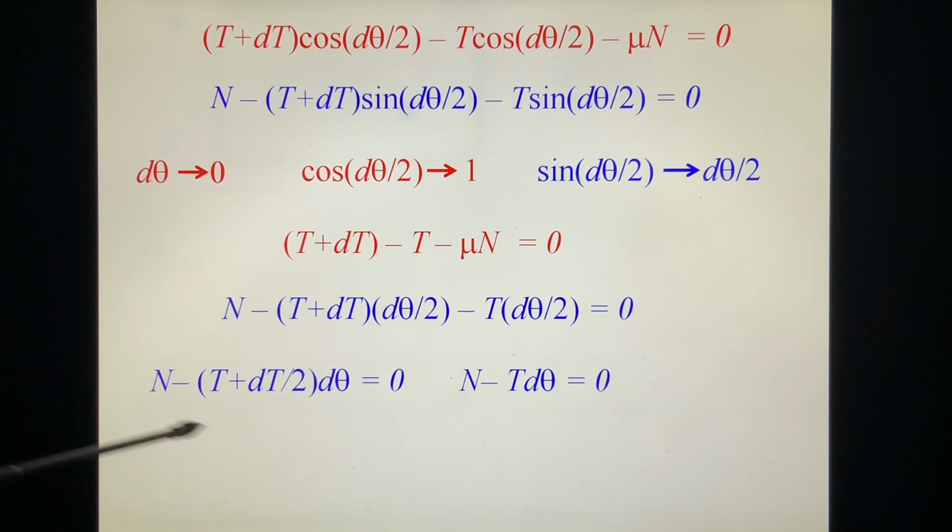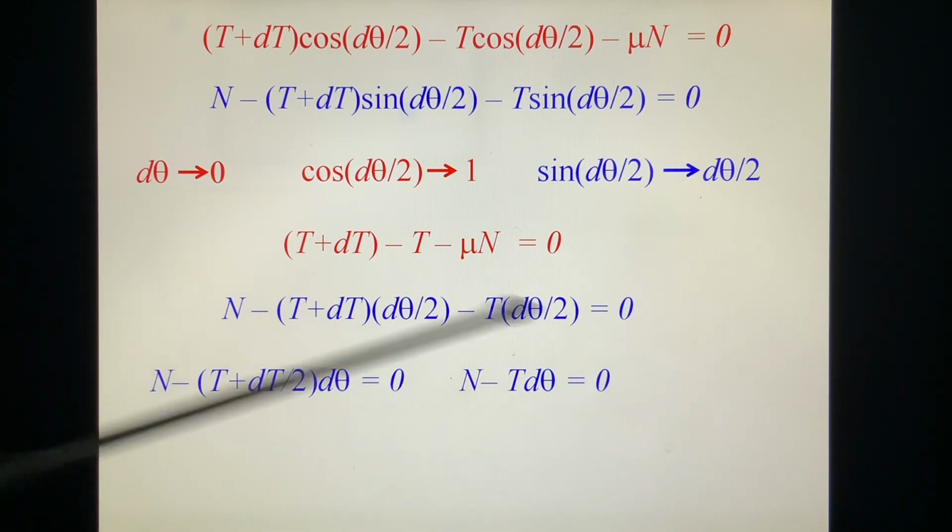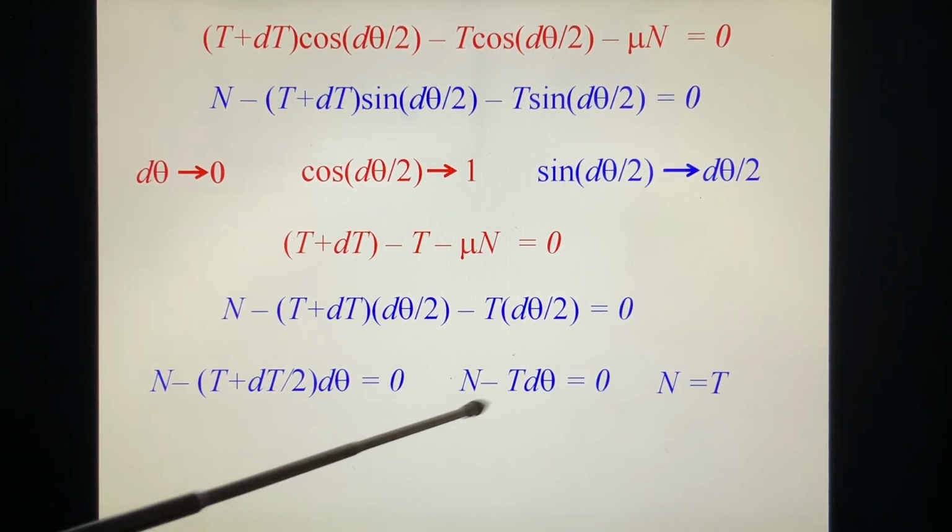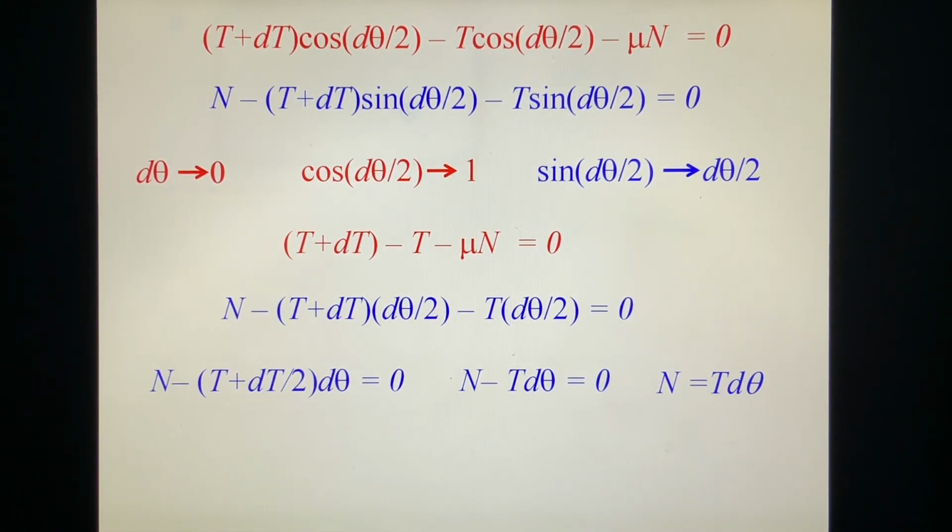Now it becomes N minus T d theta equals 0. In this case, N is T d theta. We look at the red one. T and T cancel out, so dT minus mu N equal to 0. Can you drop dT like that one? No. Because here you have 10,000 plus 1 and if you have only 1, you could drop it, but it becomes N equal to 0, which is definitely wrong.